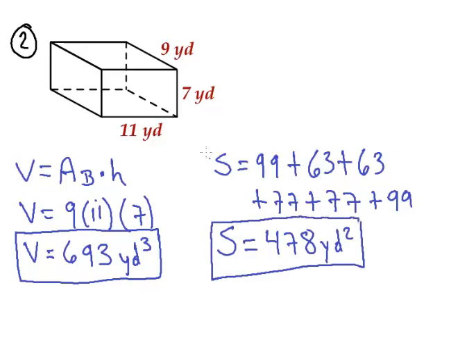And there we go. So find every face: the bottom, the right face, the left face, the front face, the back face, the top face, each one of them, and there you go.